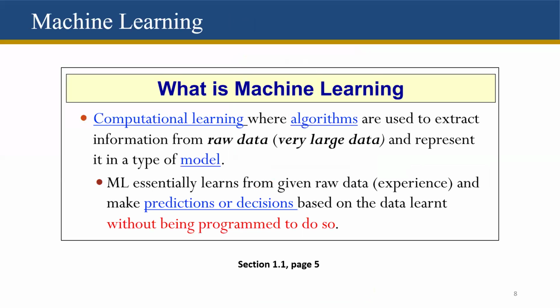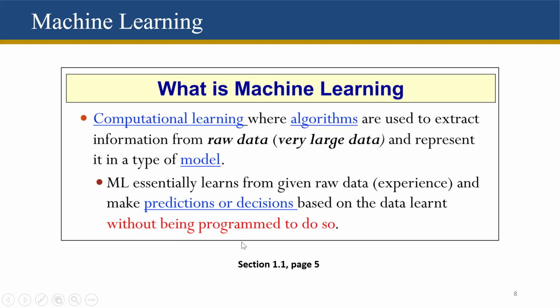So now let's go back to the definition, once again from section 1.1, page 5 of that material. Now we are saying that ML essentially learns from data. So as you saw, we just presented data and it was able to learn. And then we can make predictions based on the data learned without explicit programming.